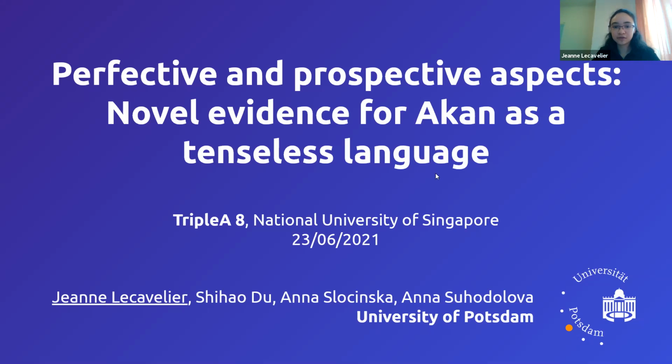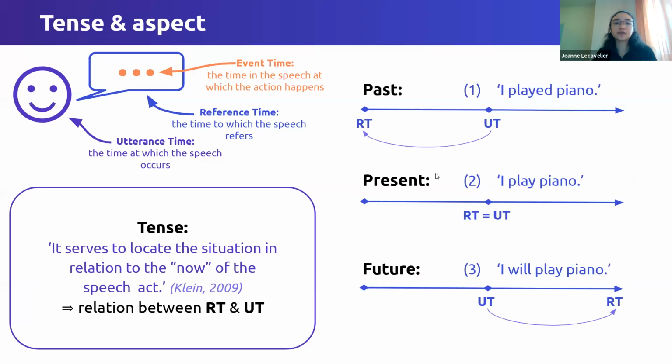So for those of you who are not used to tense and aspect in semantics, the basics are that time is usually coded through three different points in time.